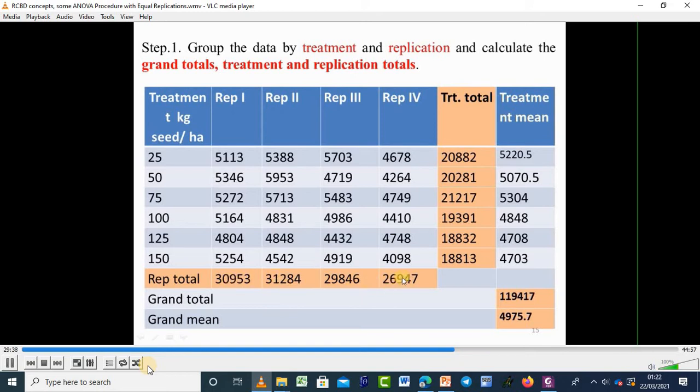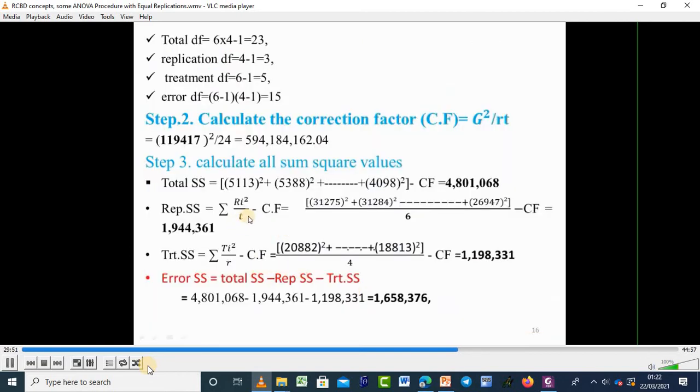Square each replication total, sum their squares, divide by the number of treatments, and subtract the correction factor, and we will have this much replication sum of squares. Here is the first replication total, the second replication total, up to the fourth replication total. Divide by the number of treatments, we have 6 treatments, and subtract the correction factor, and we get this much replication sum of squares.